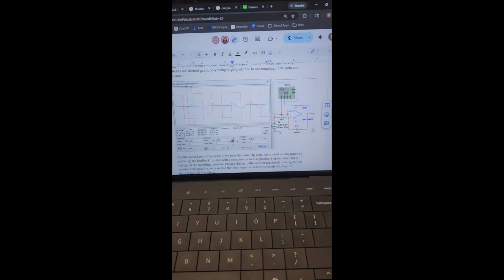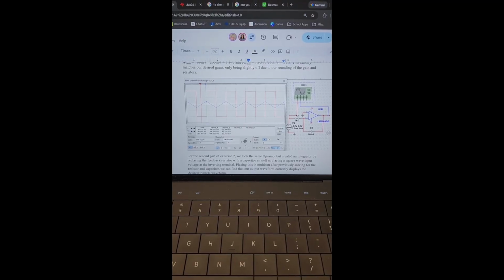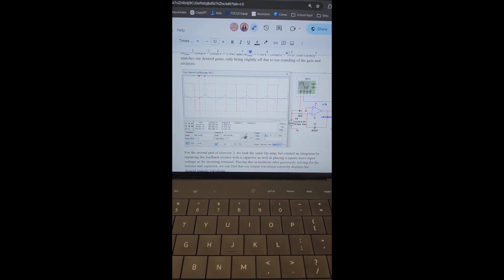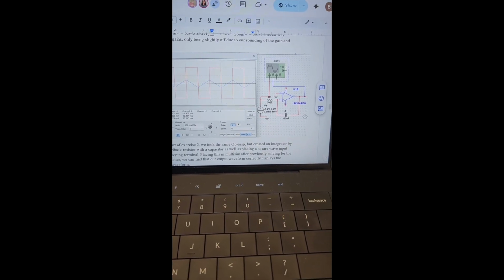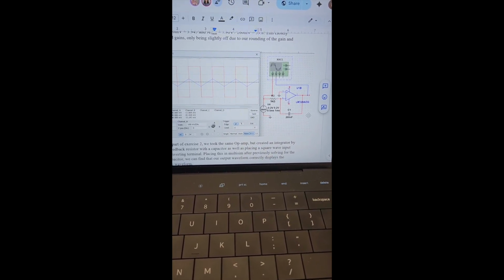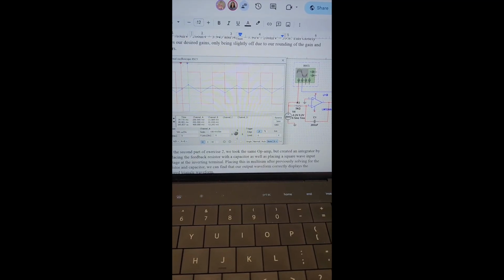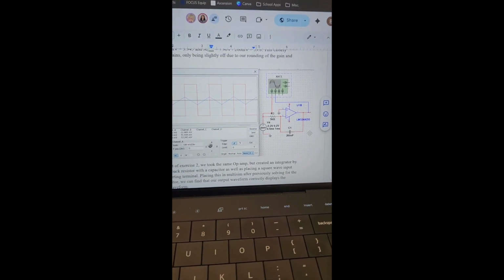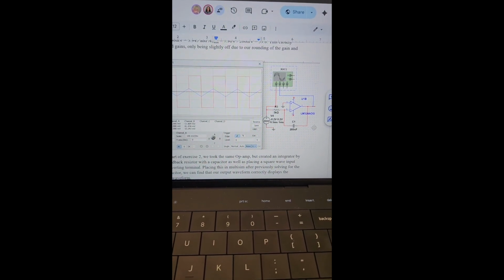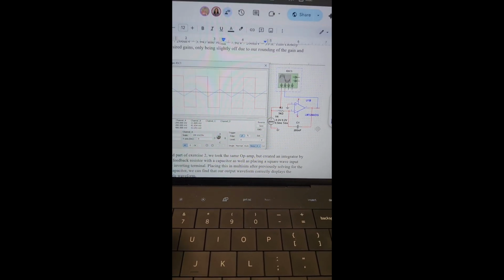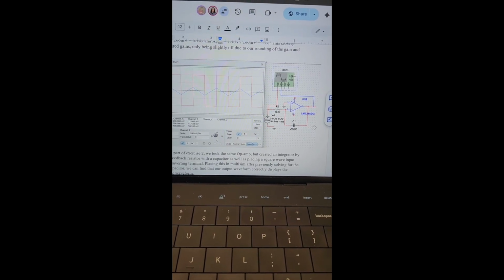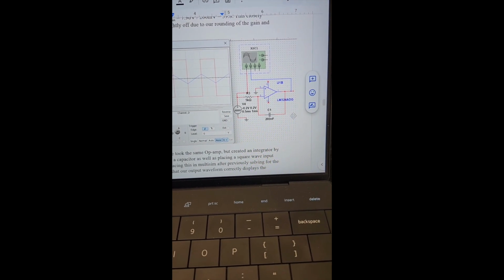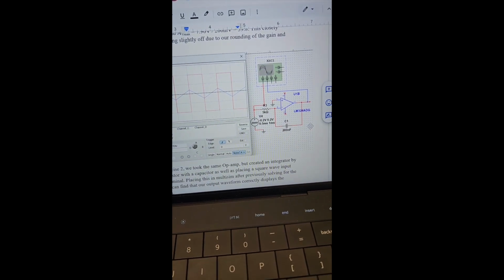Alright, for the second part of exercise 2, we are tasked with creating an integrator. As we can see here, we designed the circuit around the tau. We found our tau and chose a resistor value of 5 kiloohms and then solved for our capacitor, which ended up being 200 nanofarads.